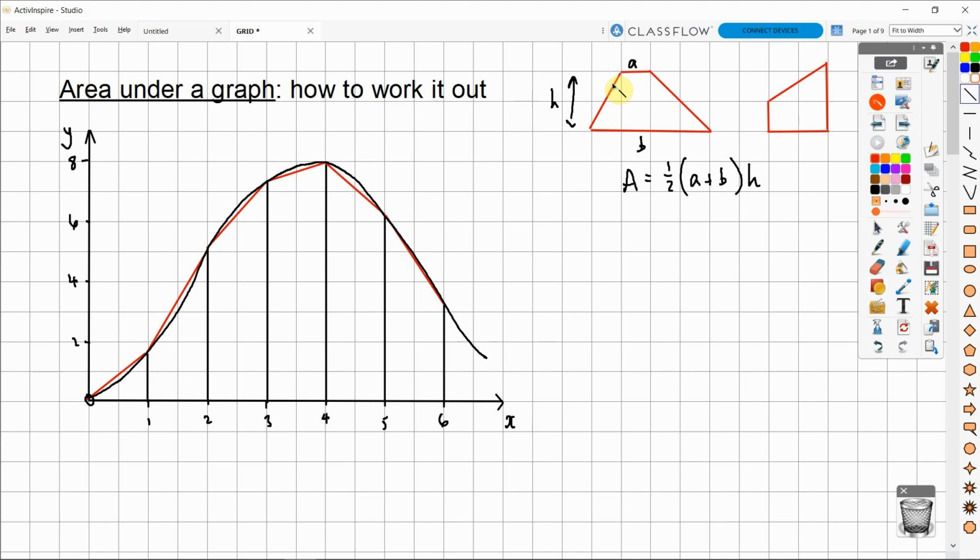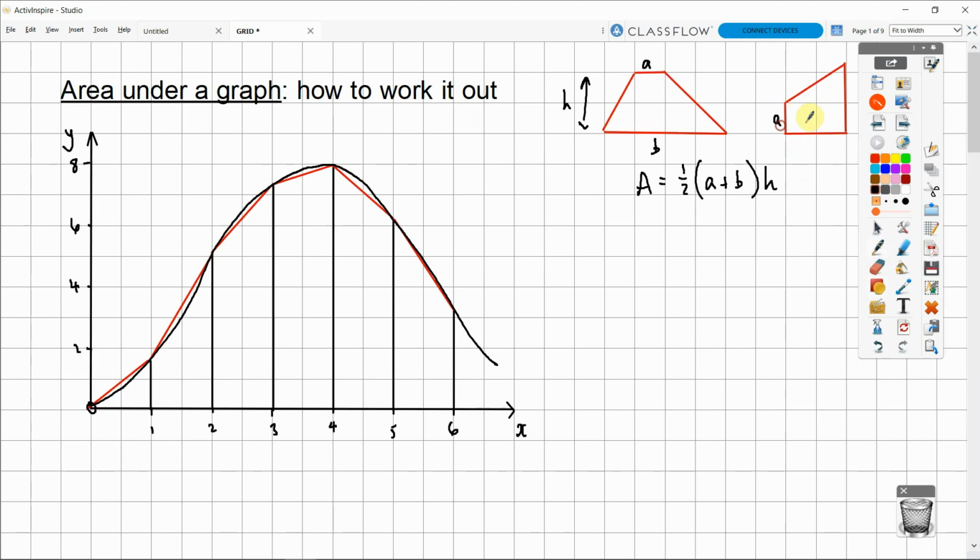So effectively I've straightened this line up. And here is a, b, and h. The same formula applies to this because I've put my 2 parallel sides here rather than here. So I'm going to use this to work out the area of each of these trapezia.